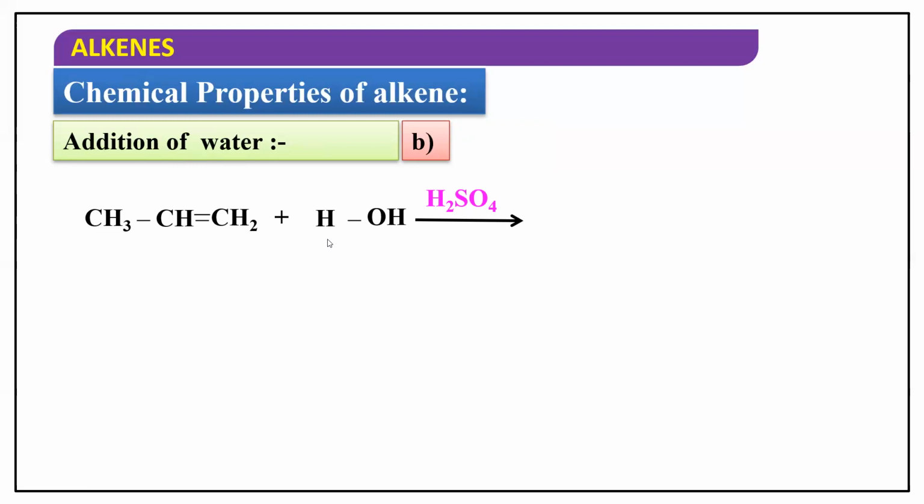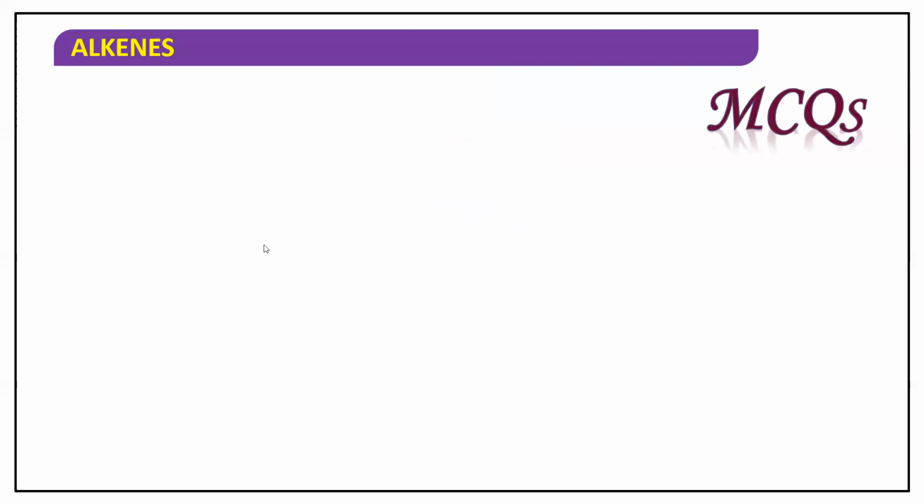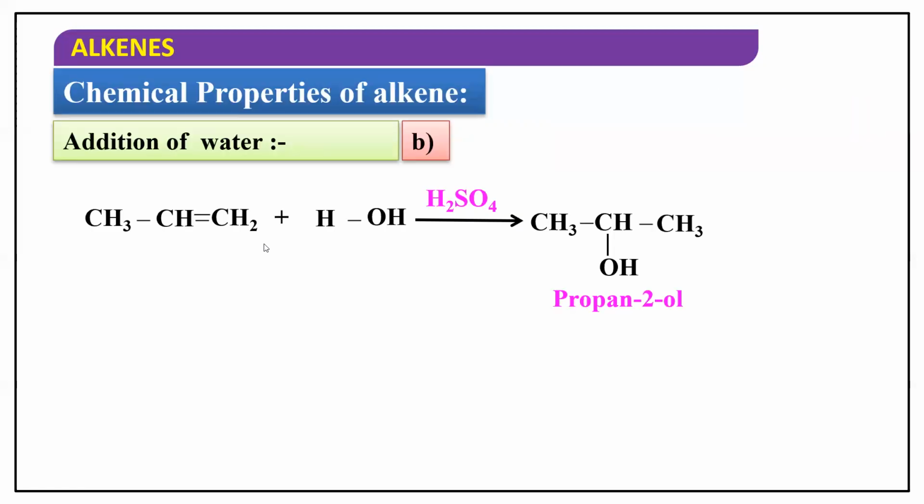If you follow Markovnikov's rule, H plus will add to CH2 and OH minus will add to CH, giving us this compound, which is propan-2-ol, which will be the major product. We will also get the minor product, which is the anti-Markovnikov minor product, propan-1-ol.